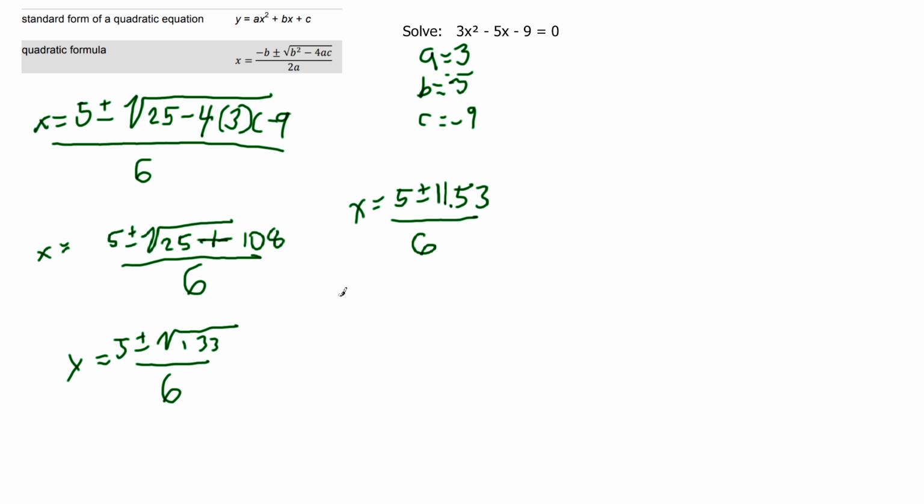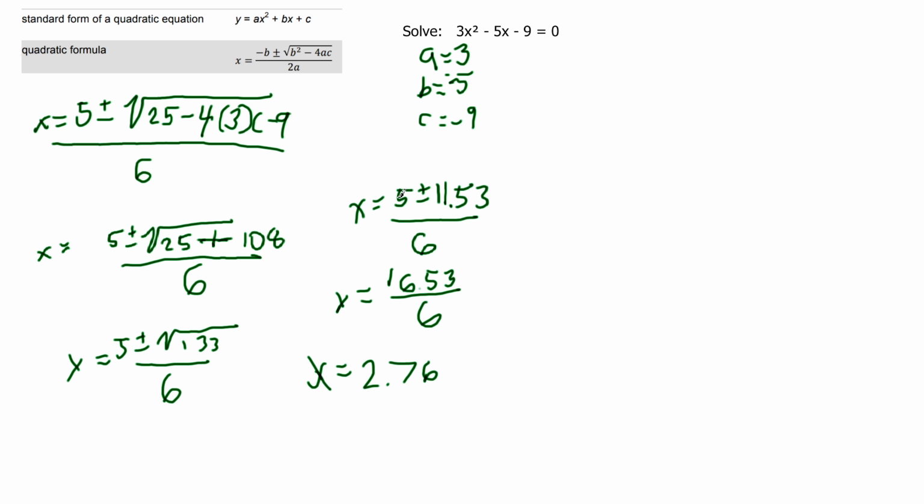Let's do the plus first. 5 plus 11.53 is 16.53, divided by 6. 16.53 divided by 6 is 2.755. So one value of x is about 2.76, let's say. We'll use 2 decimal places.